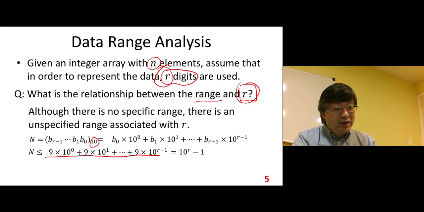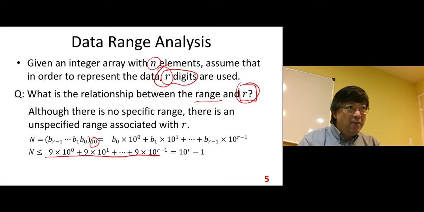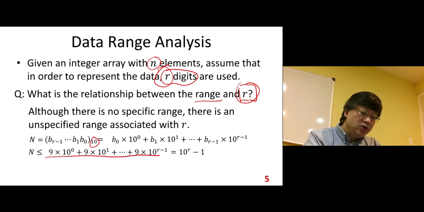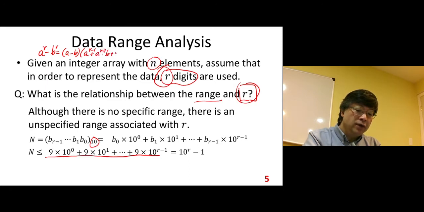Here, I hope you know that there is an algebra formula. Let me write it: a to the rth power minus b to the rth power, over a minus b, equals a^(r-1) plus a^(r-2)b plus dot dot dot plus ab^(r-2) plus b^(r-1).